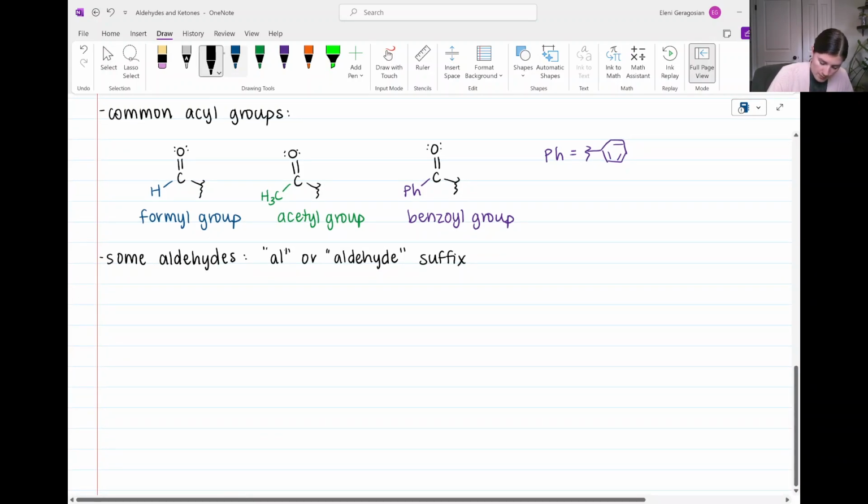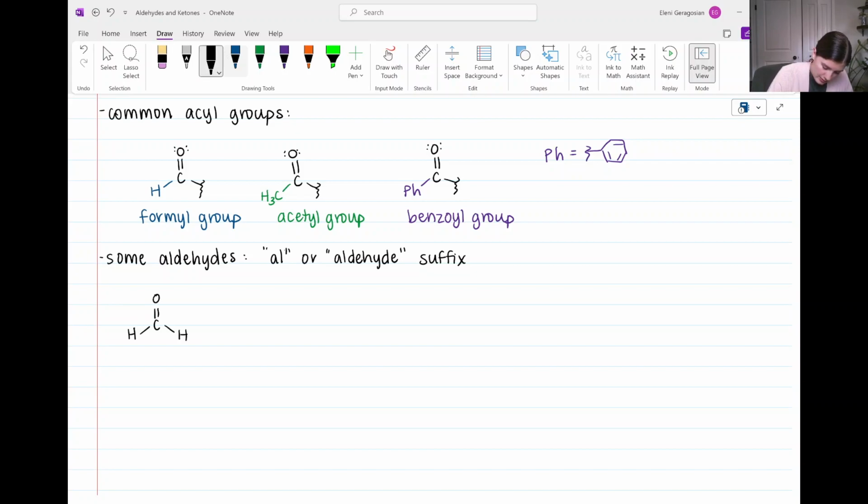So let's draw out 4 molecules and then we'll name all of them. So here we have a carbonyl carbon bonded to 2 hydrogens.